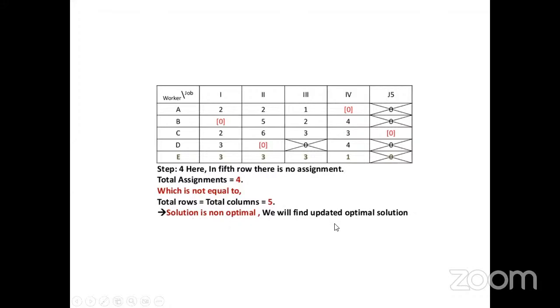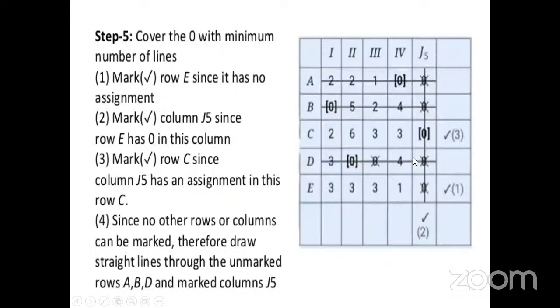We will update the optimal solution. How? Whichever row has no allocation, no assignment, we need to make a tick mark for that. Actually, this is what is to be done in the further steps, that is, cover the zeros with the minimum number of lines.